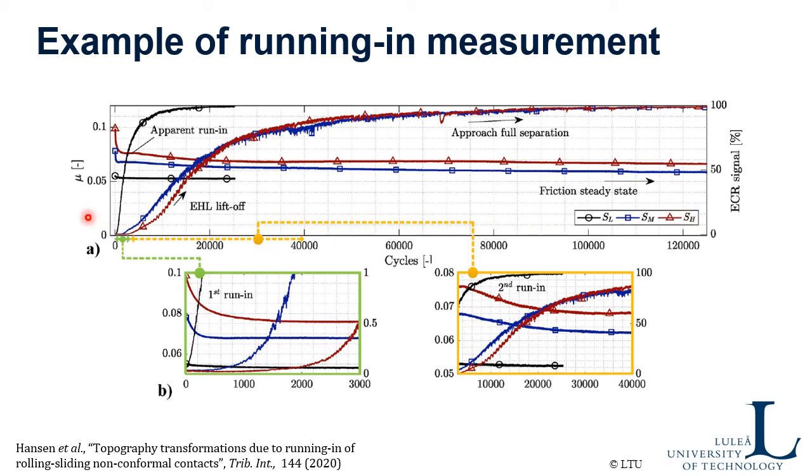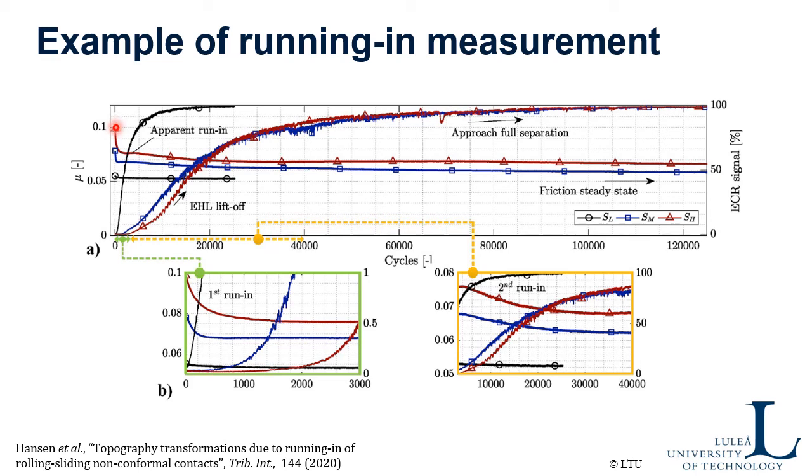Then on the other end of the graph here, we also measure the friction. So you see here that this is the number of cycles. We talk about 120,000 cycles here. So it's a relatively long experiment, it could be hours here. And you see that in the very beginning, just after a few cycles, the friction goes down for the roughest surface.